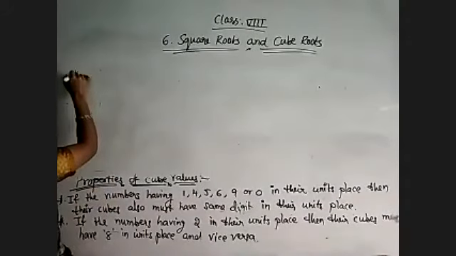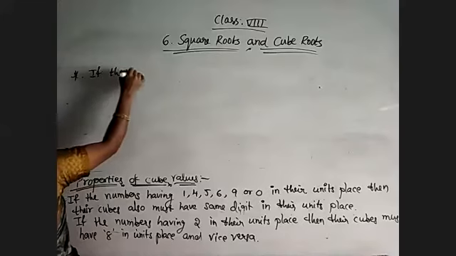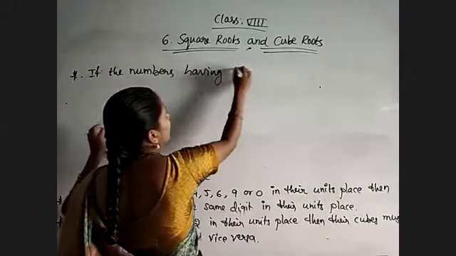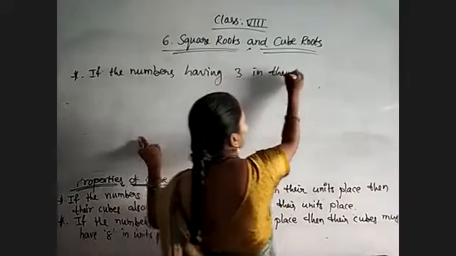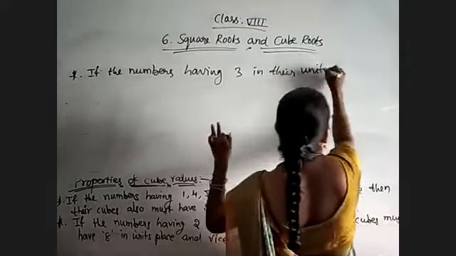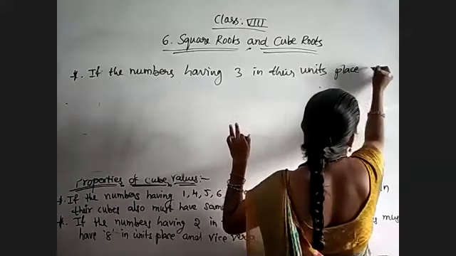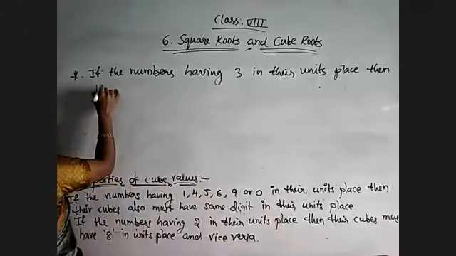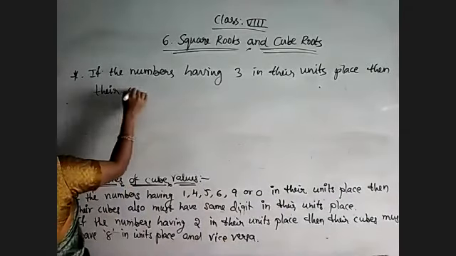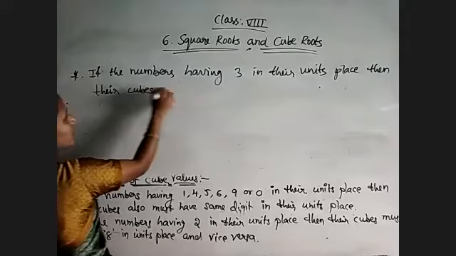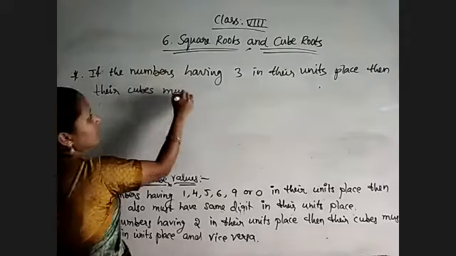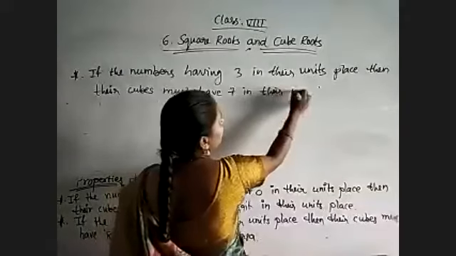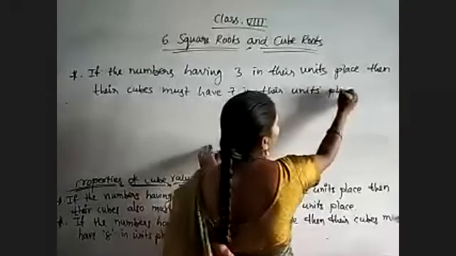And the third point is, if the numbers are having 3 in their unit place, then their cubes must have 7 in their unit place, and vice versa.